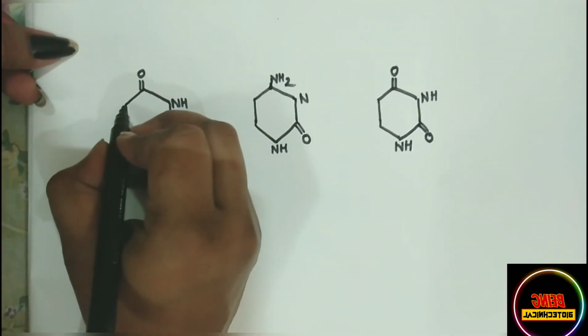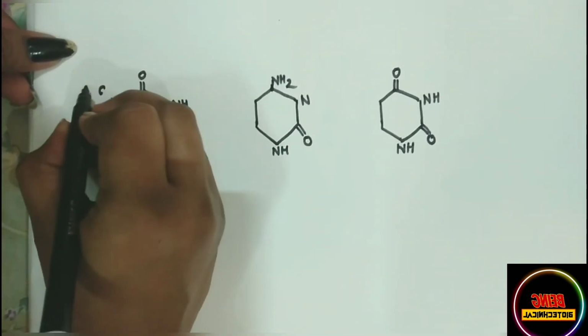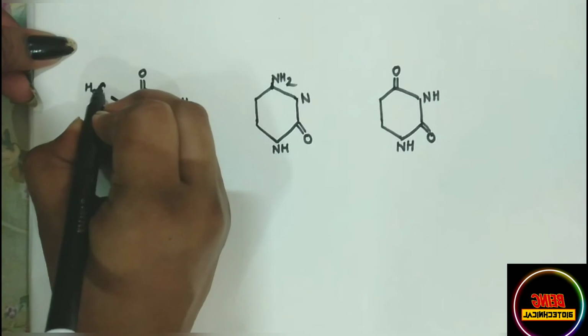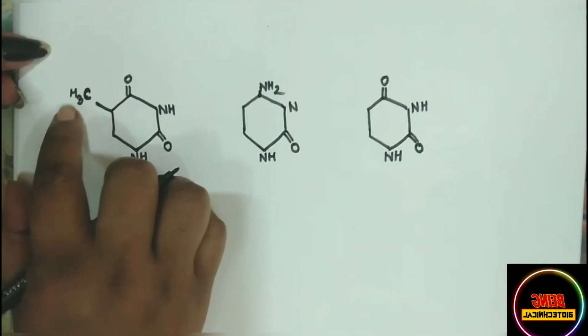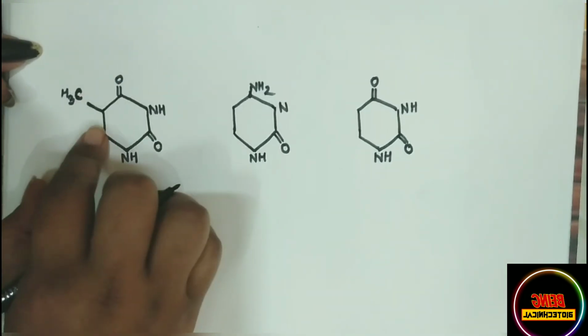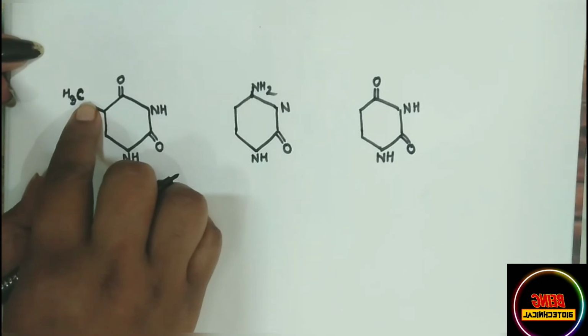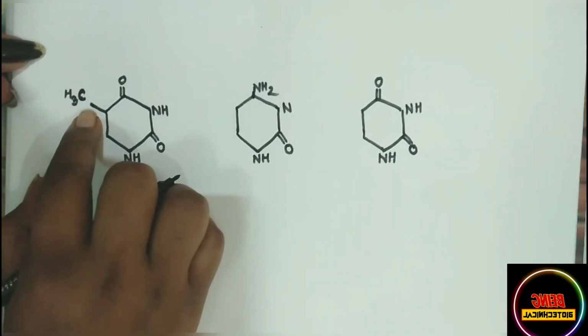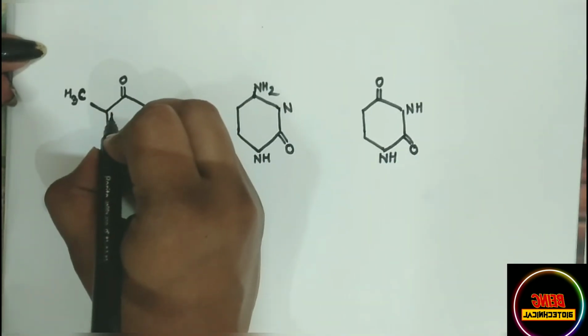Now to the first structure attach CH3. Attach CH3 here like this. Remember, CH3 is joined to the structure from here with another bond. Now add double bonds at these positions to the structure.